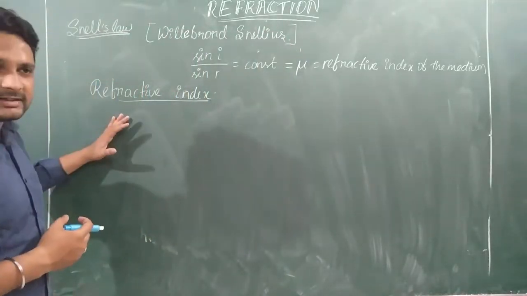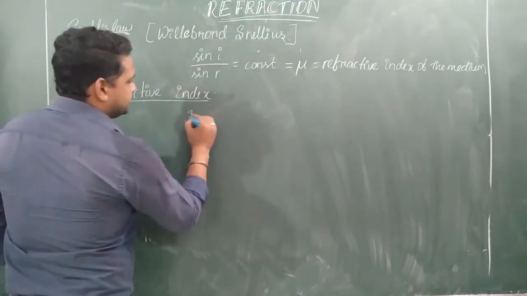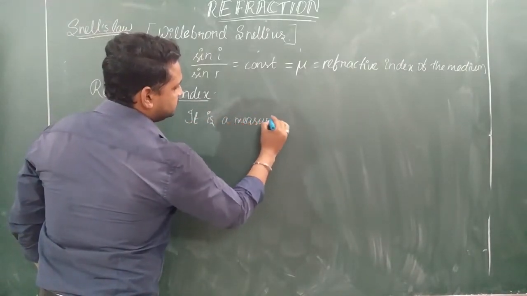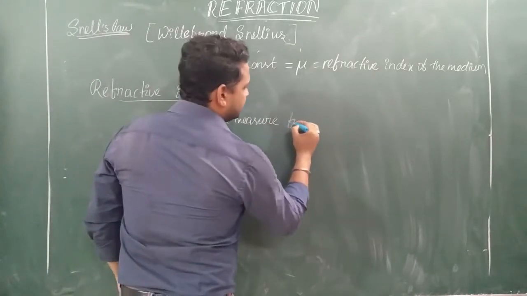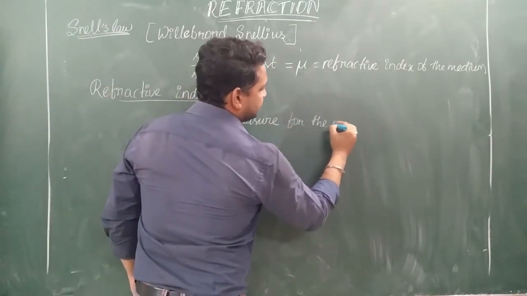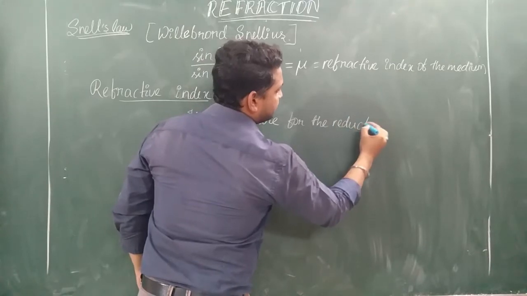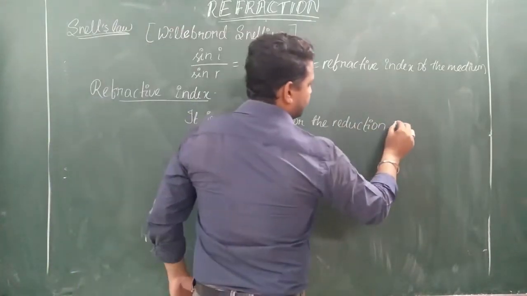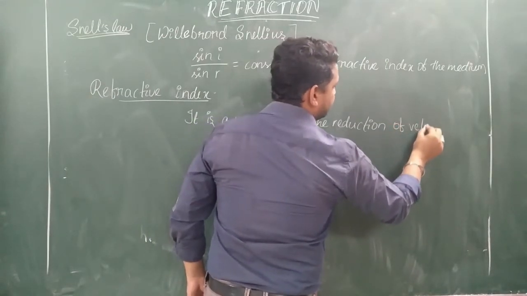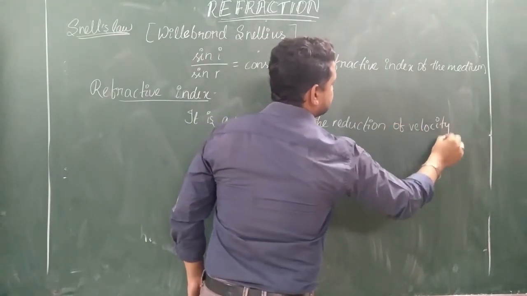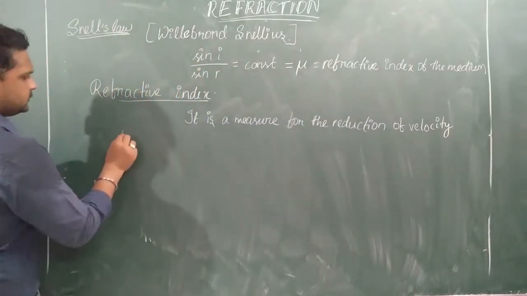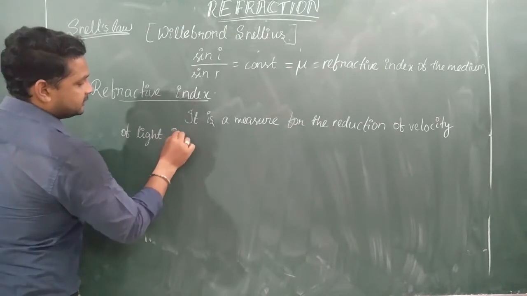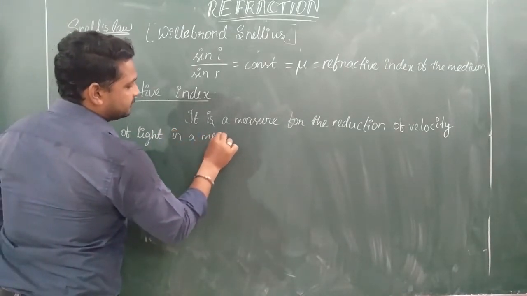By definition, refractive index is a measure of the reduction of velocity of light in a medium.